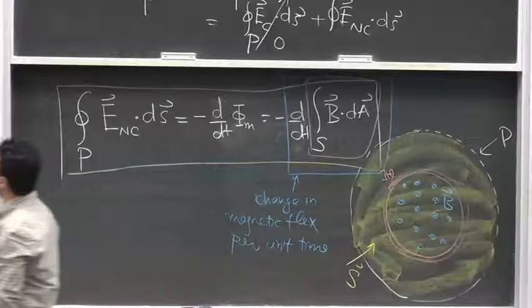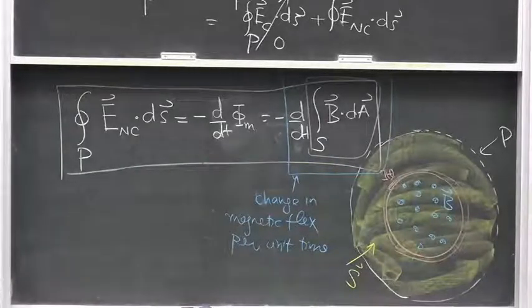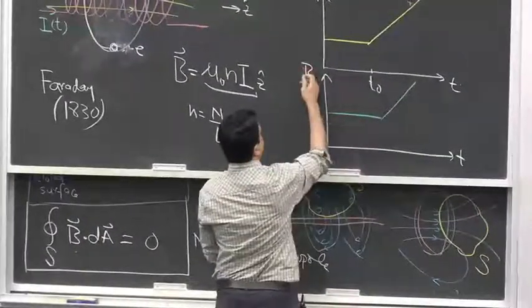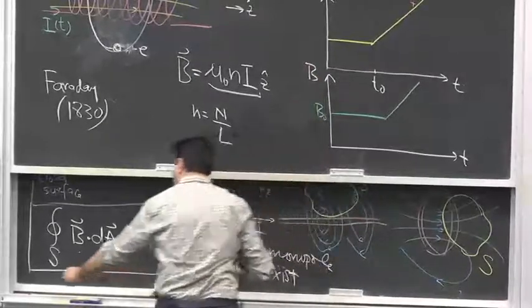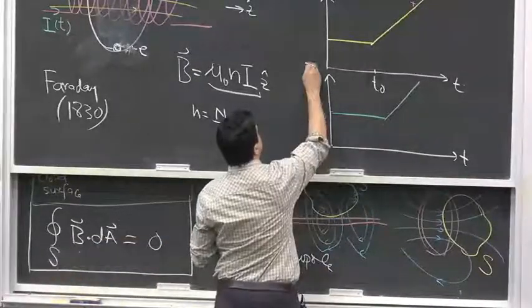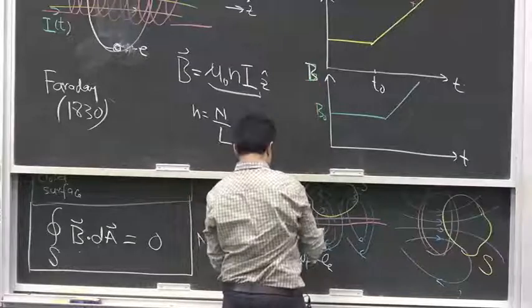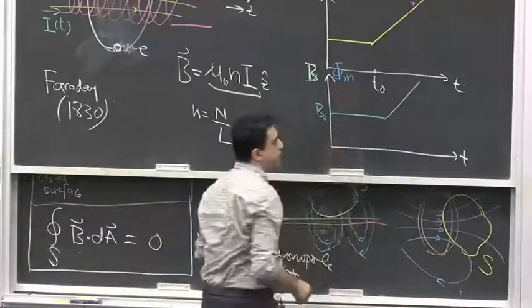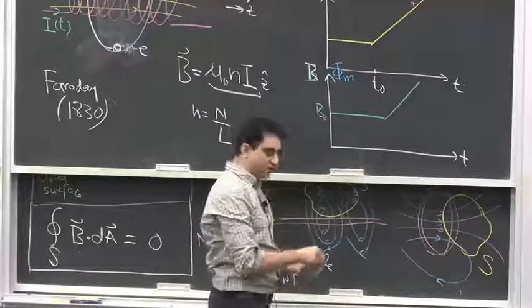So what if I draw the flux here? Let's say B is green. What if I draw flux here, which is phi m? What is the flux till time t naught?